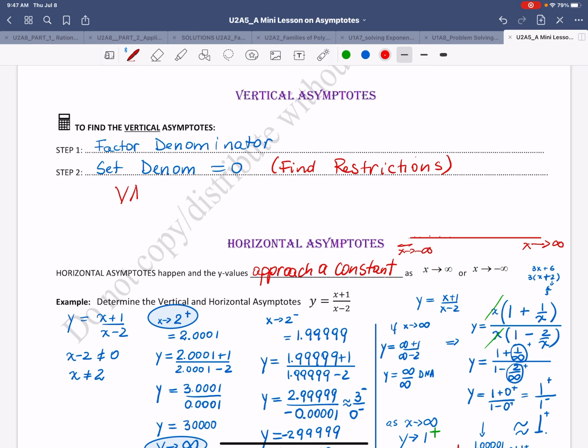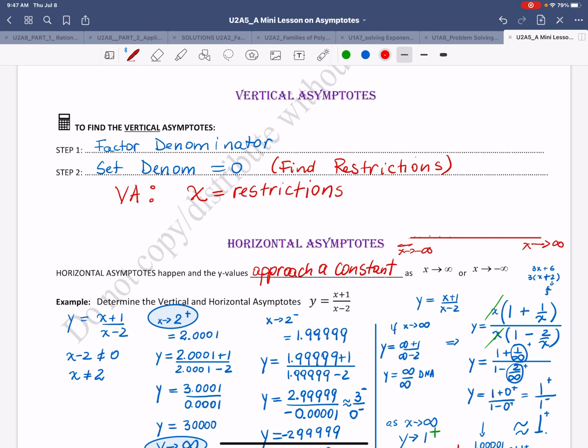So the vertical asymptotes will be in the form x equals the restriction. And a rational function can have more than one restriction or no restrictions at all, which means that a rational function can have 0 vertical asymptotes, 1, 2, or more vertical asymptotes.